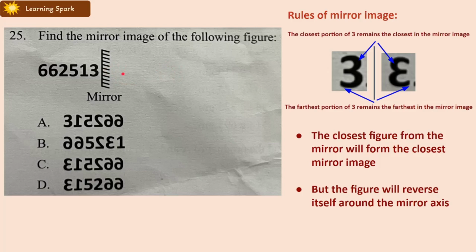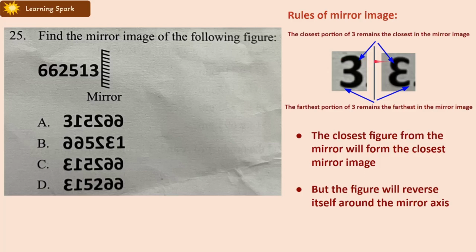Okay, and second thing is the figure will reverse itself around the mirror axis. Okay, so this figure, for example, you see this diagram now. Here, 3, the closest portion of 3 will be the closest in the mirror image also.